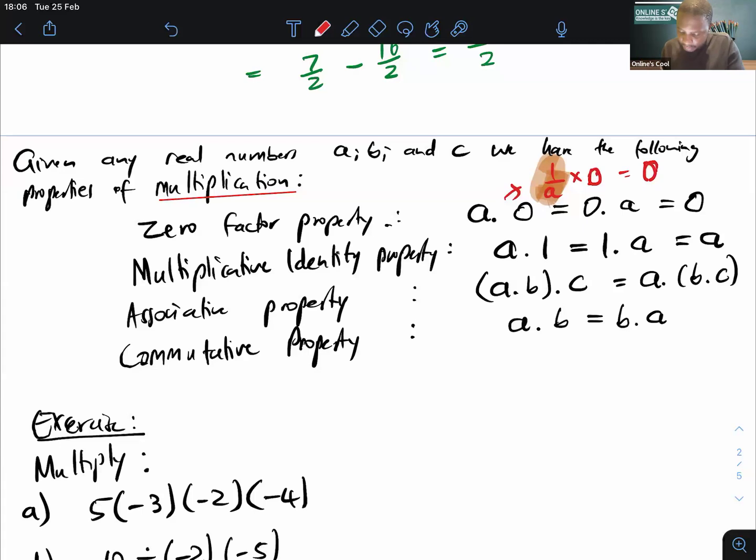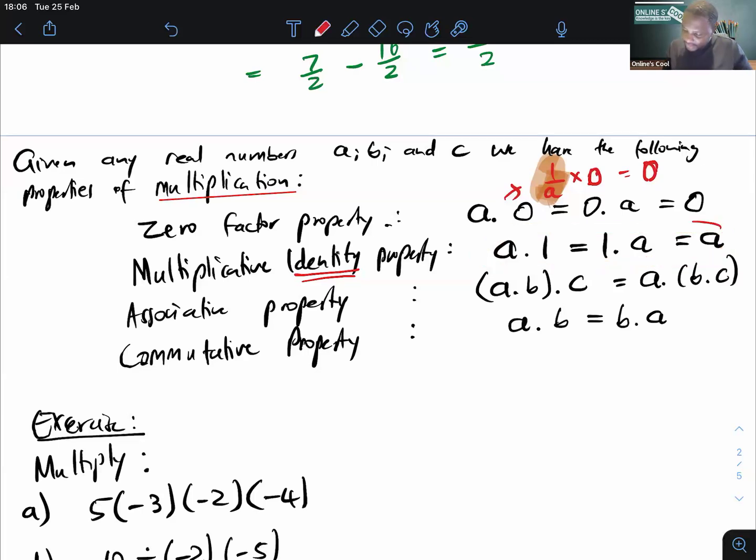And then we've got the multiplicative identity. The identity here speaks to 1, and anything multiplied by 1 is itself. So A multiplied by 1 is equal to 1 multiplied by A, and is still equal to A. It doesn't matter whether you multiply by 1 first or the A first.